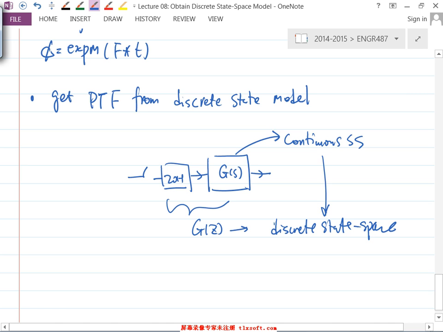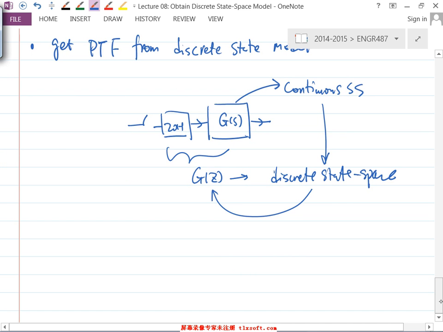From the discrete model, you can get back to this pulse transfer function. So they're all intertwined, but they all talk about the same thing, so nothing should change.